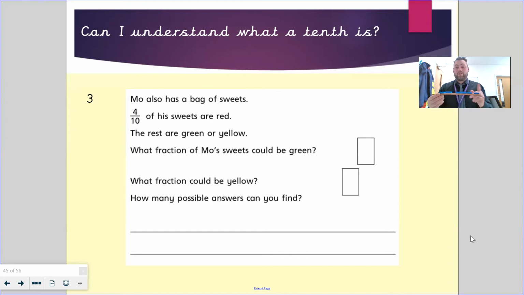You then need to organize which ones could be yellow, which ones could be green. For example, all of them could be green, so that would be 6 out of 10 green, or we could have 1/10 being green and 5/10 being yellow. So think about all the different combinations that you could have there.